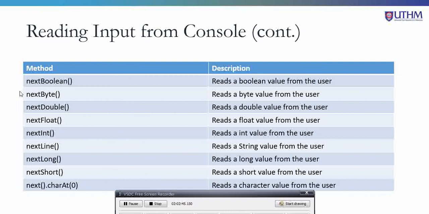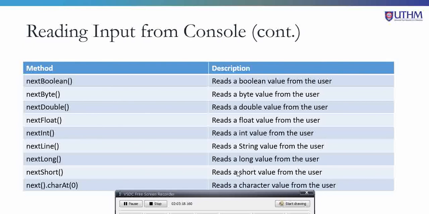If it is byte, we put nextByte. If it is double, we put nextDouble. Float, integer, and nextLine. Next line is for string. It is not named next string. There is nextLine. You must remember this, nextLine.